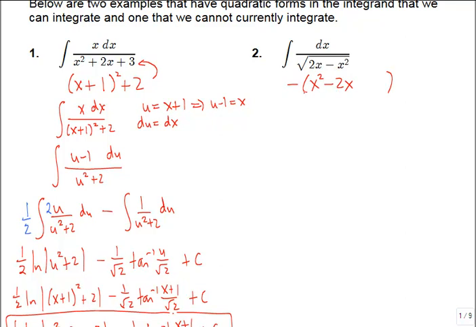Now to complete the square on this, I'm going to think about how I would factor x squared minus 2x. Well, I would need to have an x and a minus 1 quantity squared in order to get x squared in the front, and in the middle term we'd get a minus x and a minus x, which is this minus 2x.